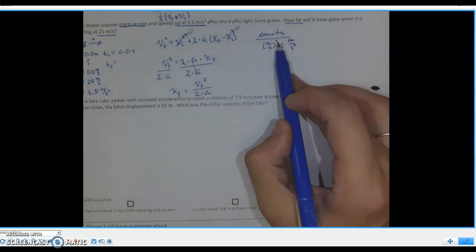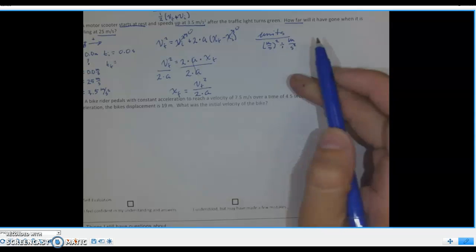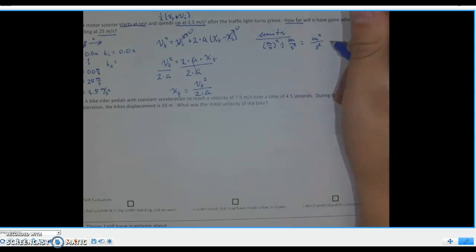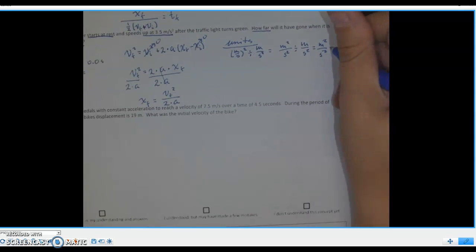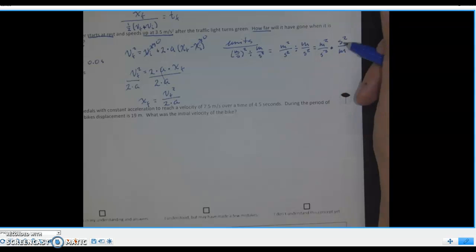Now since this whole unit is squared, that square can distribute. This is the same as meters squared per second squared divided by meters per second squared, or meters squared per second squared multiplied by the reciprocal, s squared over meters.